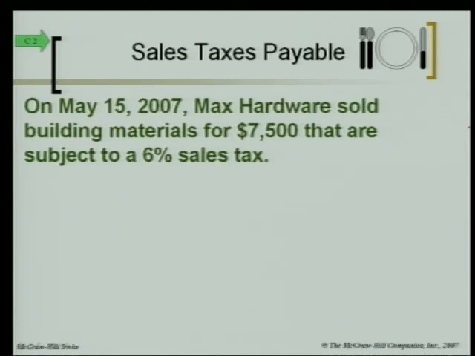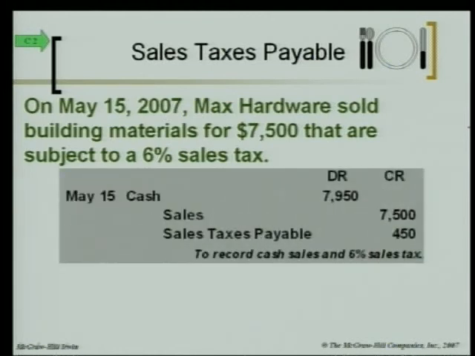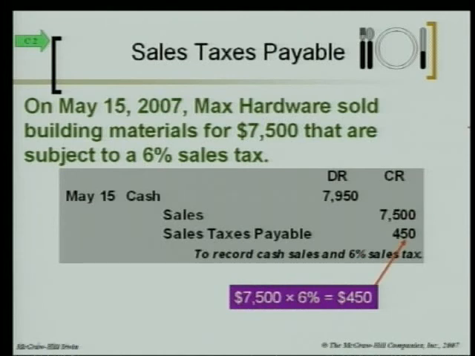Looking at this example, on May 15th of 2007, Max Hardware sold building materials for $7,500. There's a 6% sales tax. So this customer doesn't just give us cash of $7,500. 6% times $7,500, if that's the sales tax rate, is $450, right?